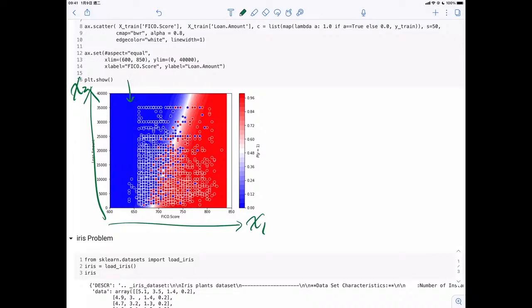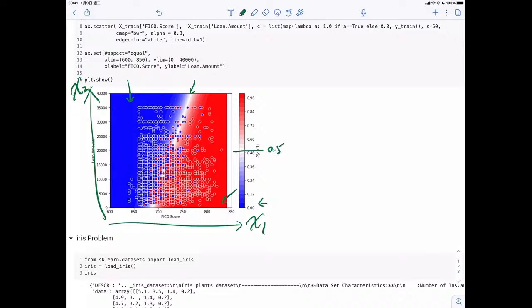The blue one, take a look at this one. The blue one means it is close to probability of 0. The red one means it's close to probability of 1. So basically, it is a Z shape. And here, the white line between the blue color and the red color is close to 0.5.